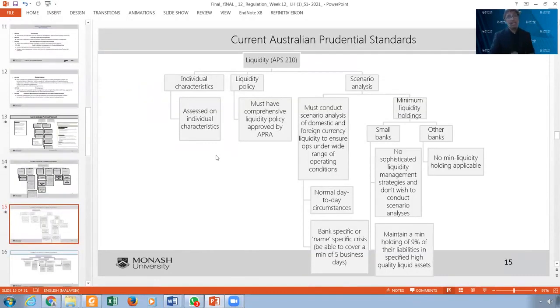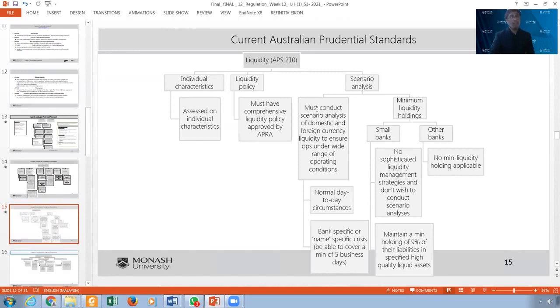Now let me come to another interesting issue, which is liquidity. Liquidity, APS 210, and I will summarize it here. I will not go through all of those things, but in Australia, they say if you have a very good system for liquidity, and you can control that liquidity, and you can prove it to the regulators, you don't have to have a liquidity buffer, which means you don't have to have a percentage of liquidity.